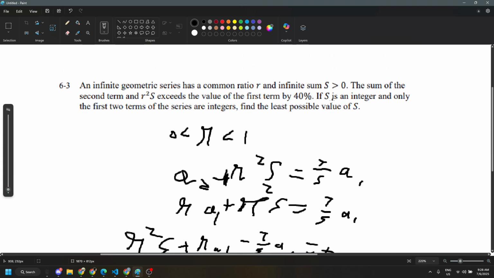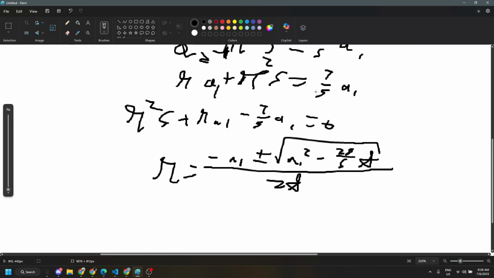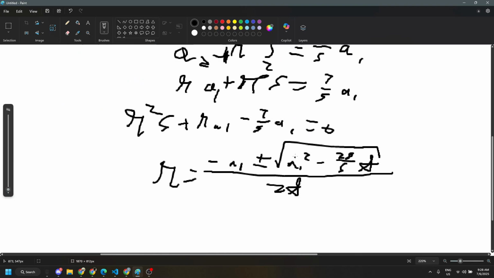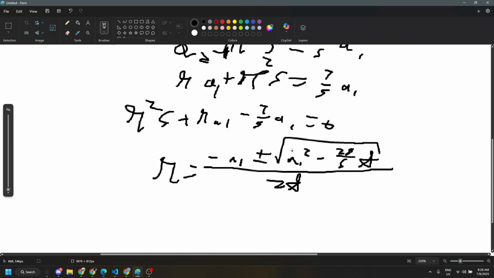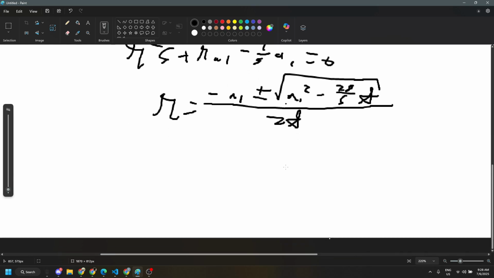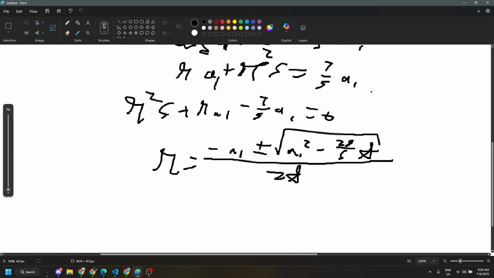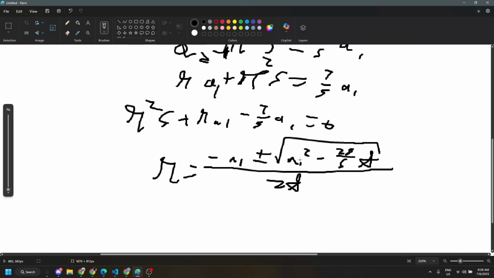So, okay. We know that s is an integer, and the first two terms of the series are integers, but the ratio definitely is not. And we know 2s is greater than all of this, right? Okay, let's look at this. So we need this to be a square number.